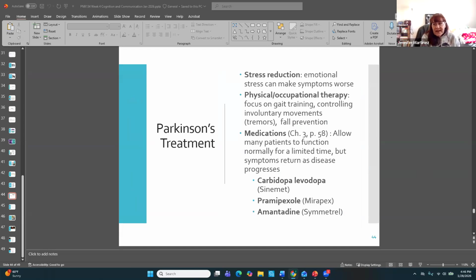There's a variety of medications we can use, but the most common is carbidopa-levodopa. It helps to increase the amount of dopamine, so we try to fix that imbalance between acetylcholine and dopamine by increasing the dopamine levels.